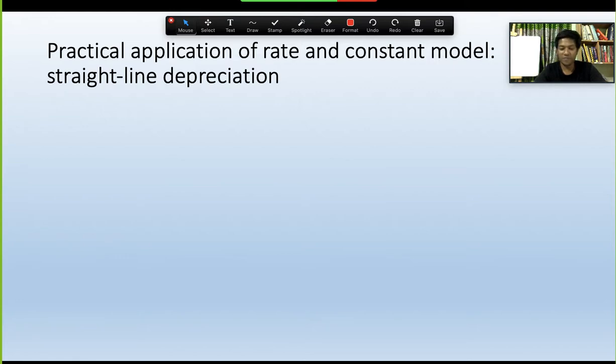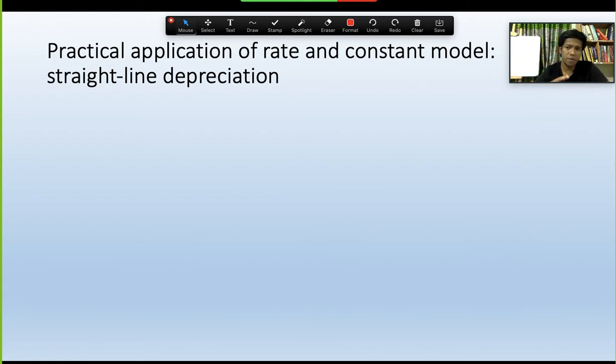So that means the value of this mobile phone is decreasing over time. How much is it decreasing over time? That you can decide. Let's say I think this mobile phone will be good for using for 3 years or for 4 years.